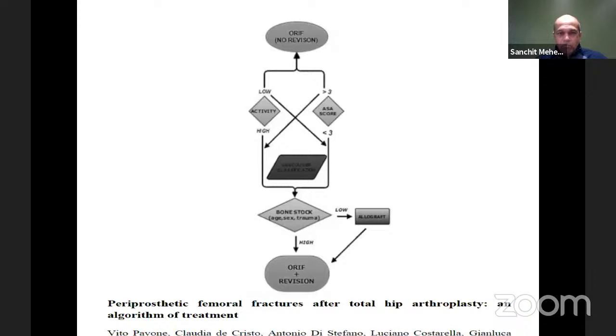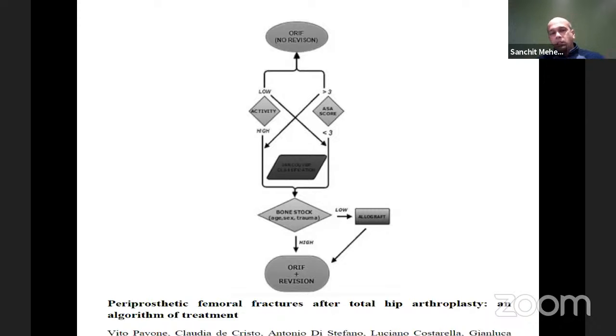This is quite a good algorithm that I found, which we'll end on. So where we talked about comorbidities and the activity levels of the patient, and then using the Vancouver classification to substratify these cases. You define the activity of the patient, you define the ASA score.